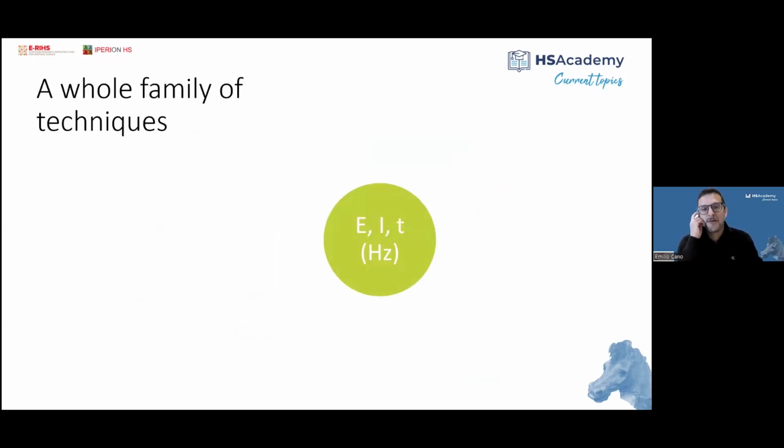You might have noticed that I am referring to electrochemical techniques in plural, and that is because it is actually a whole family of techniques. It's not a single technique, but all of them are based basically on the same 3 parameters, which are the potential, E, the intensity of the current, which is I, and the time, t, or the frequency.